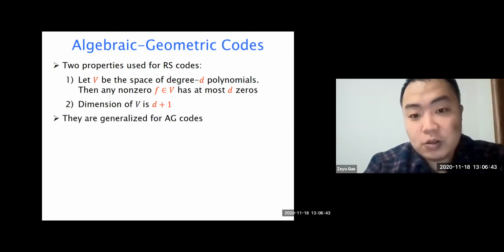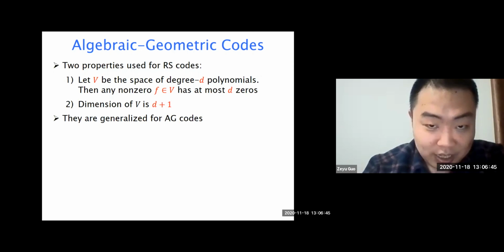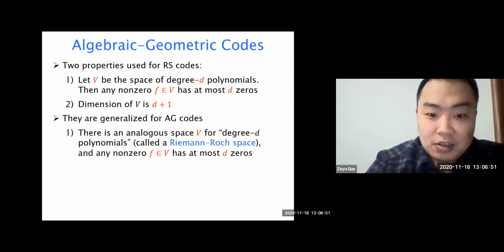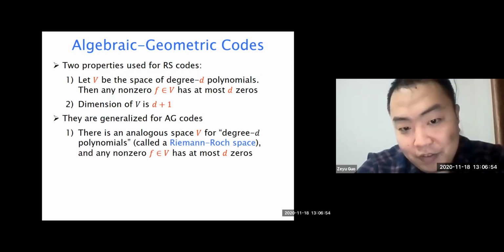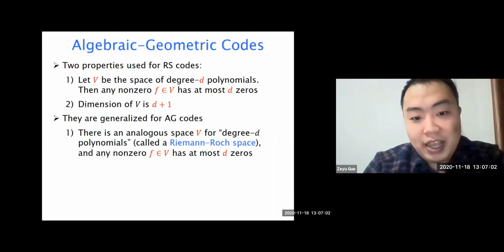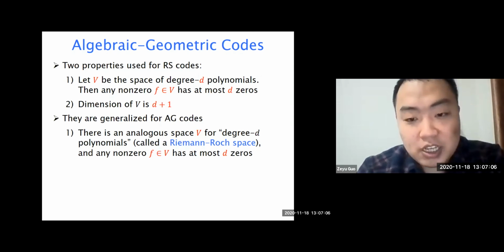And the reason AG codes can generalize Reed-Solomon codes basically boils down to the fact that these two properties can be generalized. For the first property, we have an analogous space V for the space of degree d polynomials. This space is called the Riemann-Roch space, and it still has the property that any non-zero f has at most d zeros.